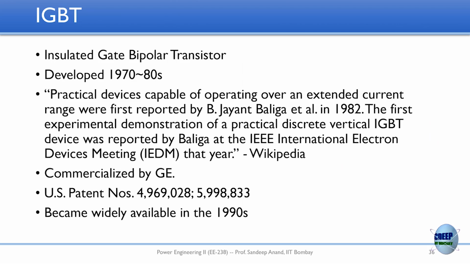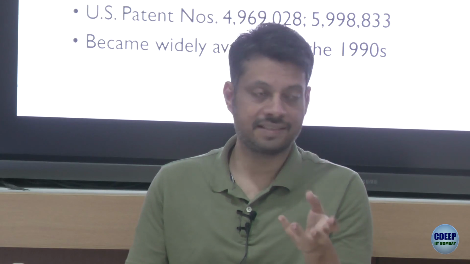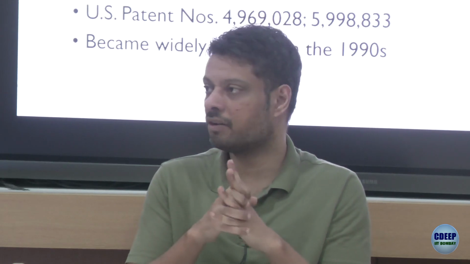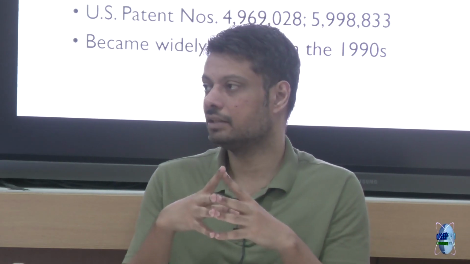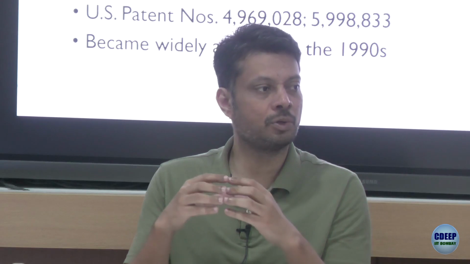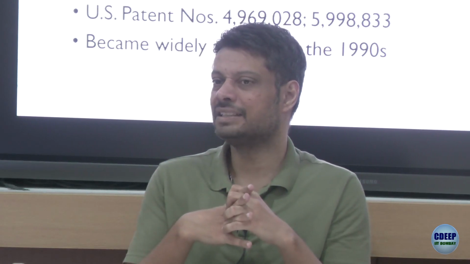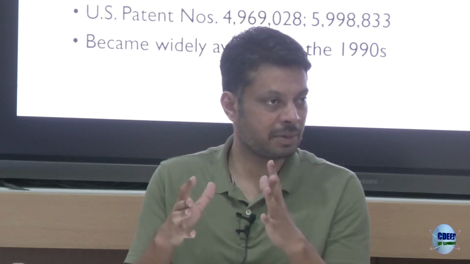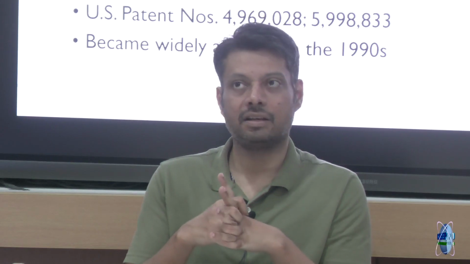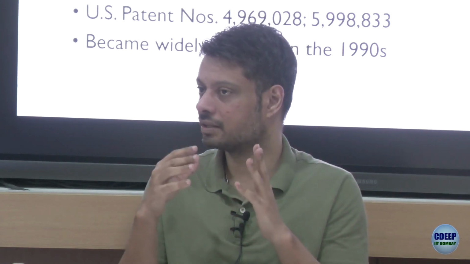Okay. Then comes another device called the IGBT. Now, what is an IGBT? Essentially, there were power MOSFETs, but their voltages were still limited. They were power MOSFETs of 100 volt, 200 volt, 400 volt, 600 volt, but not beyond 600 volt, because again of the semiconductor structure and silicon properties.